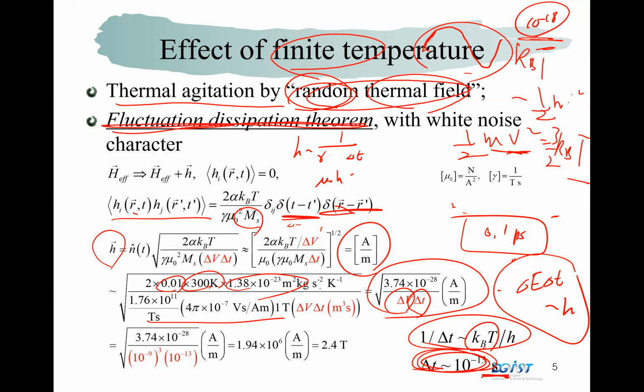So actually, many physics textbooks assume some adiabatic assumption, meaning that something happens within a very, very short time or a very, very long time. Otherwise, it's very complicated.